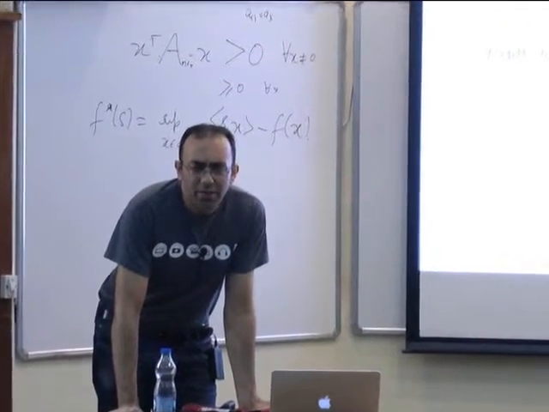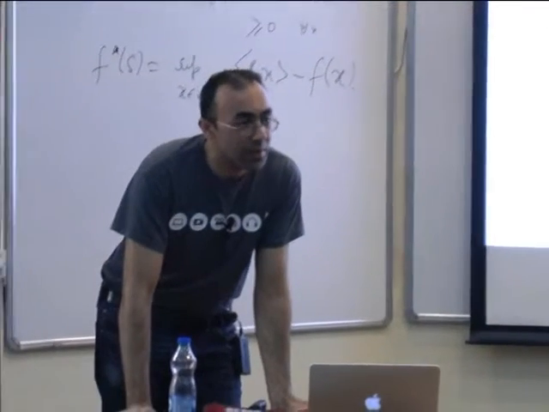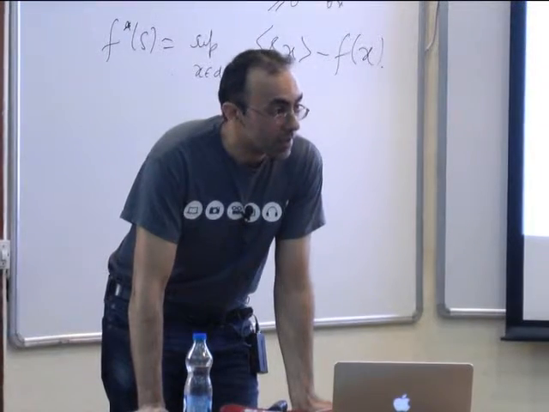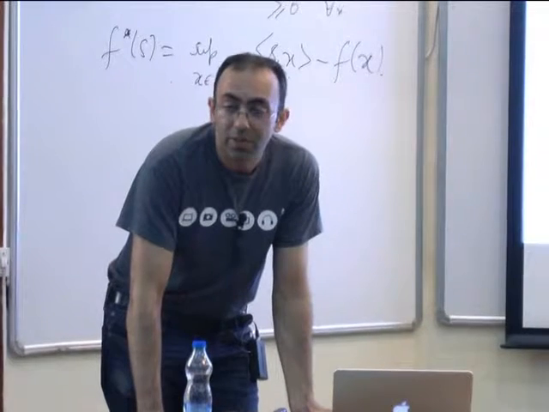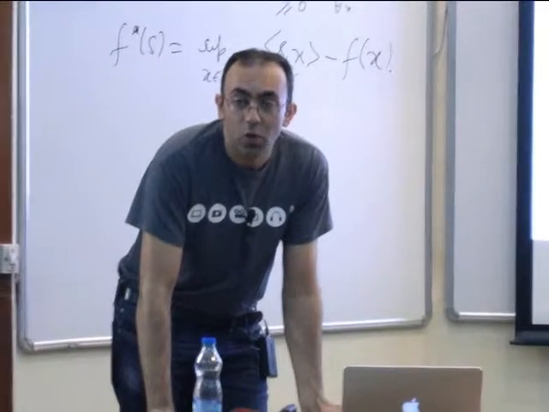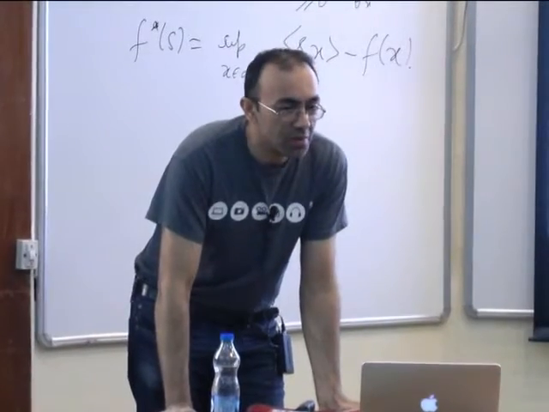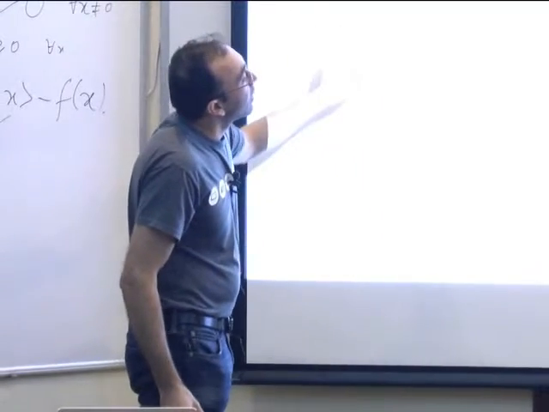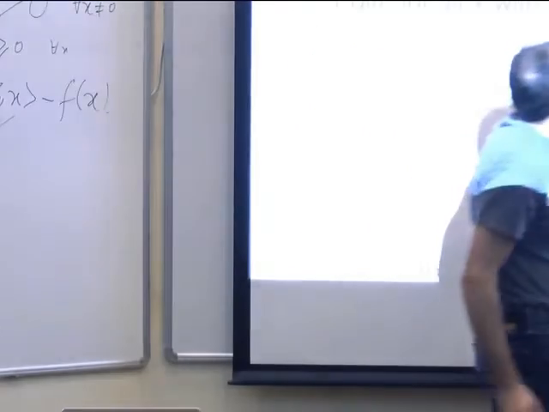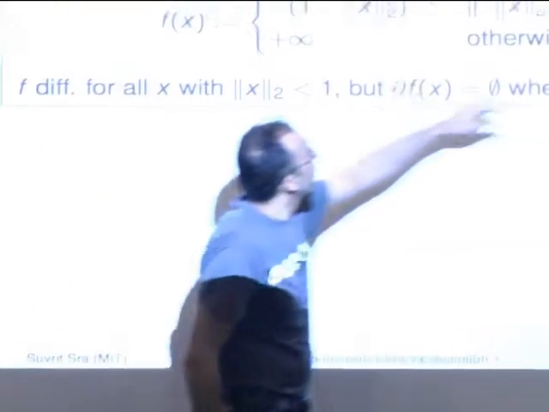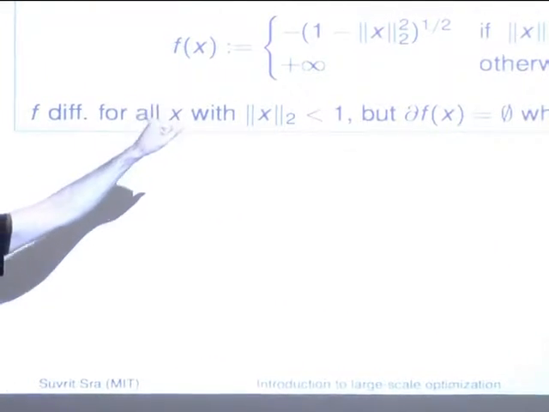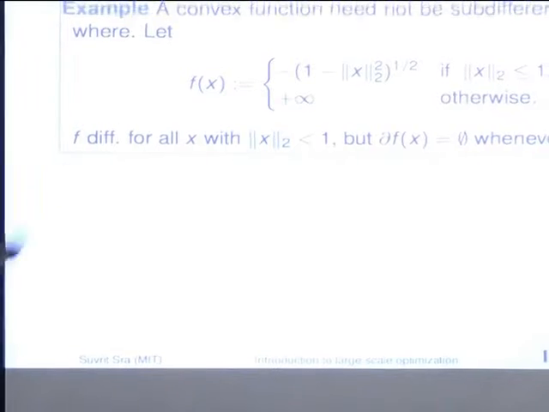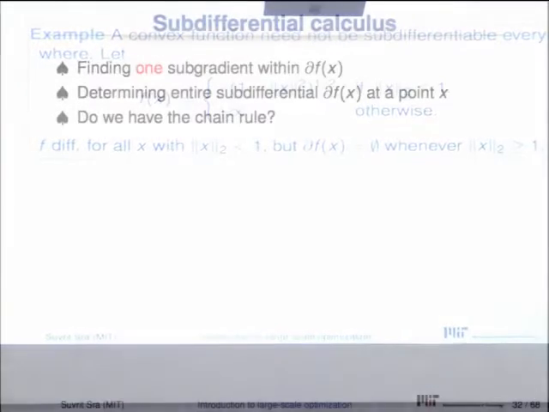Typically, for convex functions, the subdifferential set does exist, meaning it's non-empty, but there can be circumstances where your function is defined, but the subdifferential may be empty, which means there is no subgradient, which basically means there's no global underestimator. Here's an example of a function where, if the norm of x becomes bigger than or equal to 1, you end up getting a divide by 0, or an infinity. So the subdifferential set is empty.